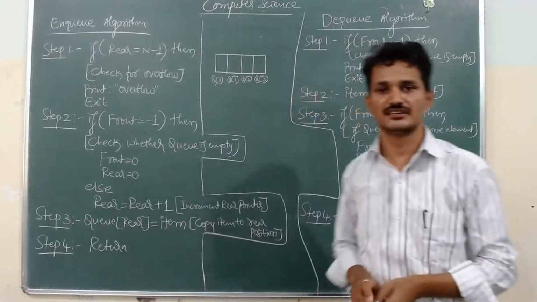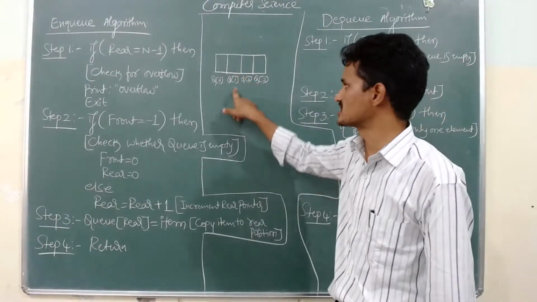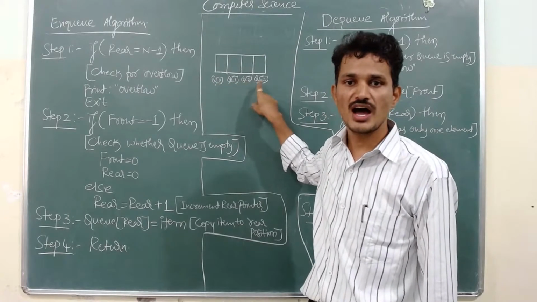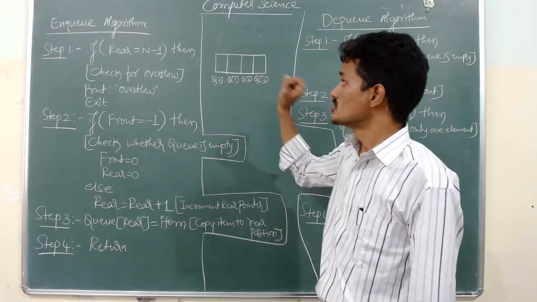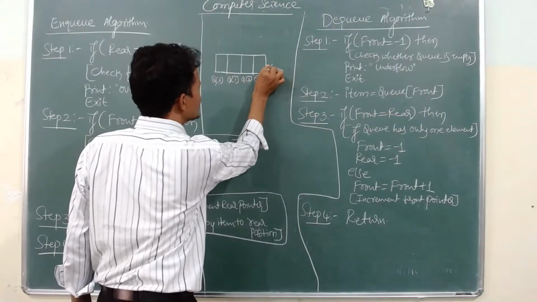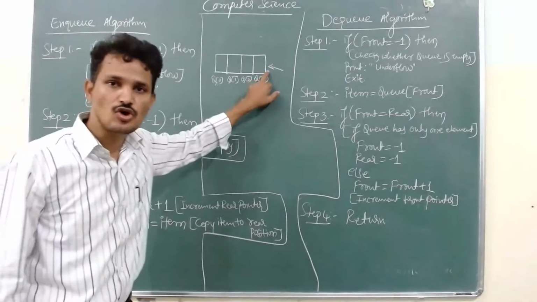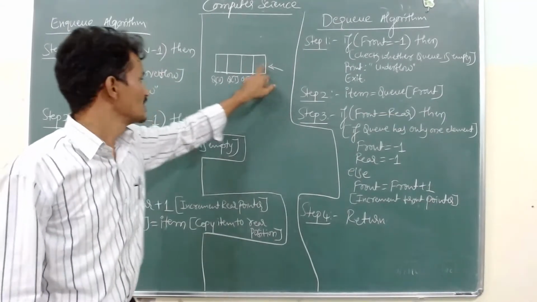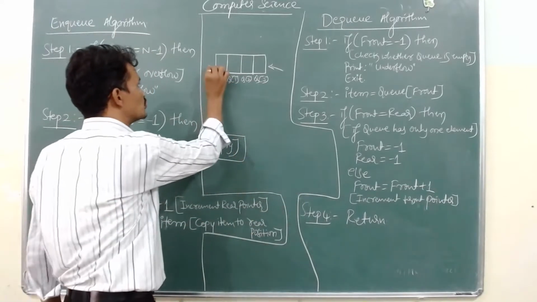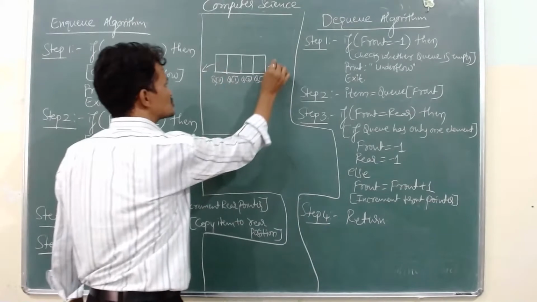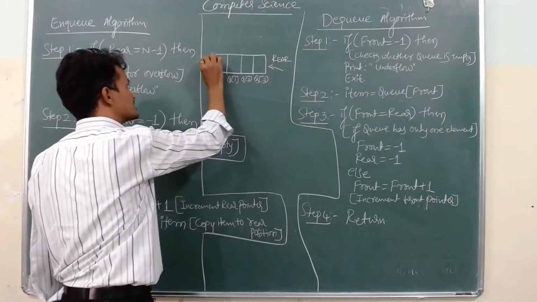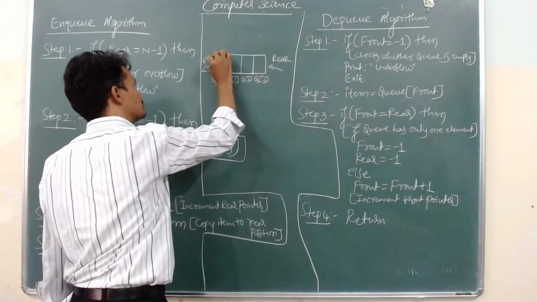Nothing is stored in this data structure. There are two different ends you can see here. This end I will call the rear end, and this end I will call the front end. Let me mark those two positions.